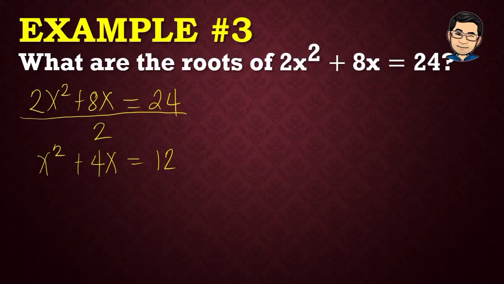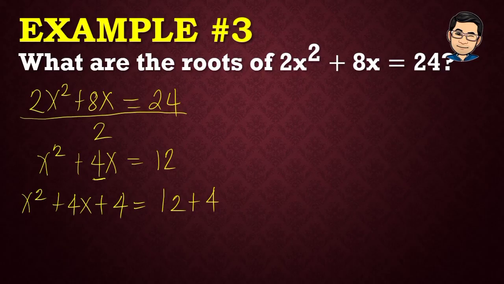So, proceed tayo dun sa perfect square trinomial. So, 4x, 4 divided by 2, that is 2. And then, square of 2, 4. So, x squared plus 4x plus 4 equals 12 plus 4. Siyempre, huwag kakalimutan kung anong i-add dito sa left side, ganun din ang i-add sa right side.